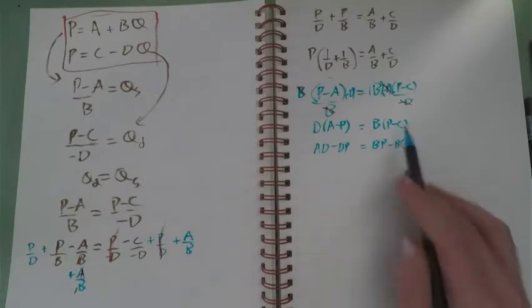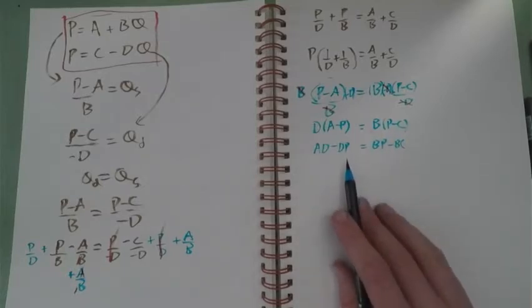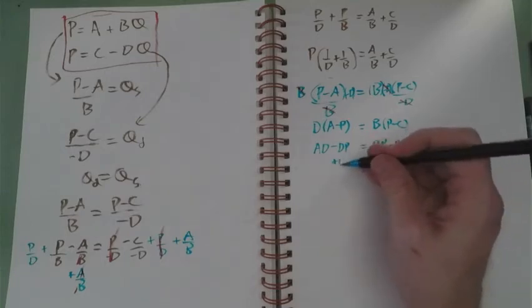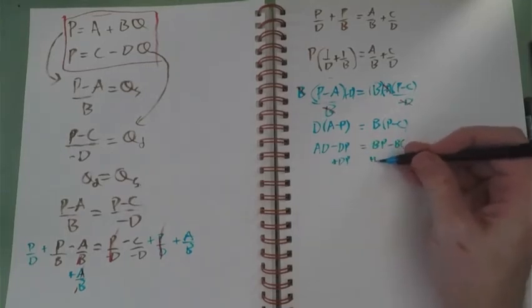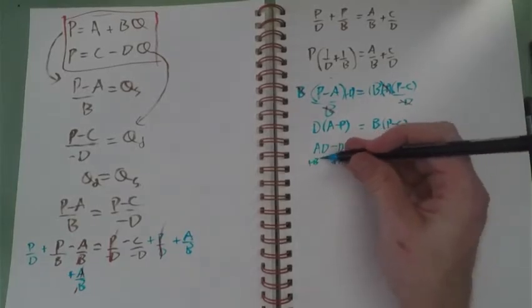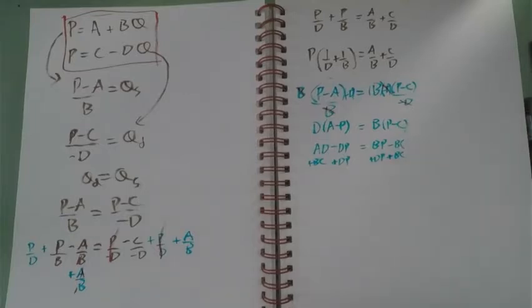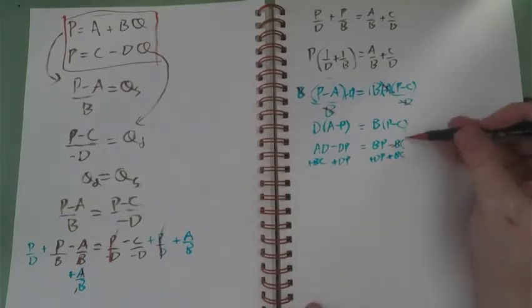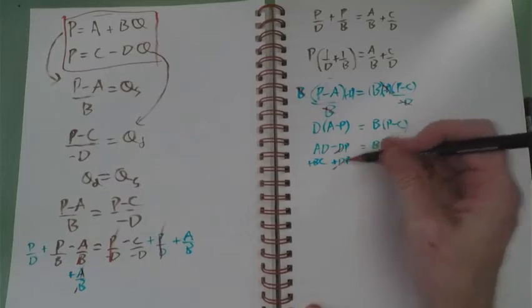All right, so we're just distributing terms. We want that P. I'm going to add DP to both sides, and then I'm going to add BC to both sides. So that's going to get rid of BC over here and DP over here.